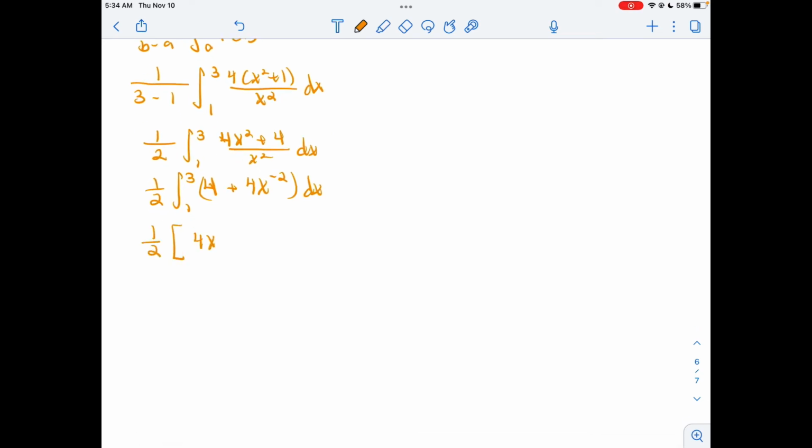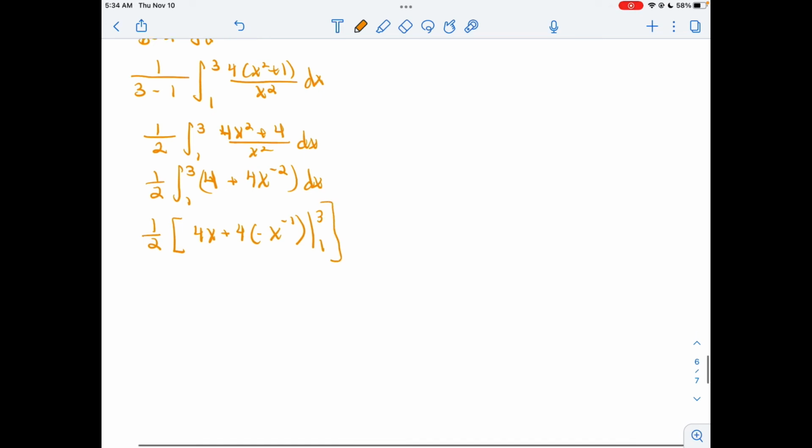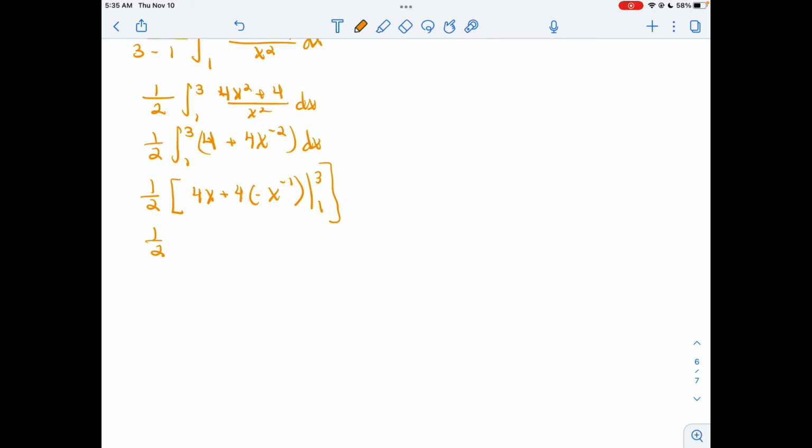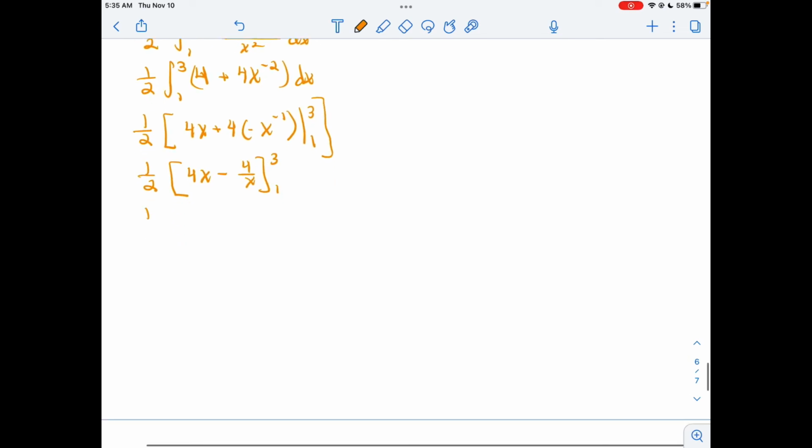So the antiderivative is 4x plus 4 times negative x to the negative 1, evaluated from 1 to 3. Or if I write that in simplified form, we have 1/2 times 4x minus 4 over x, evaluated from 1 to 3. To evaluate this integral, I need to substitute in 3 in place of every x, minus substituting in 1 in place of every x.